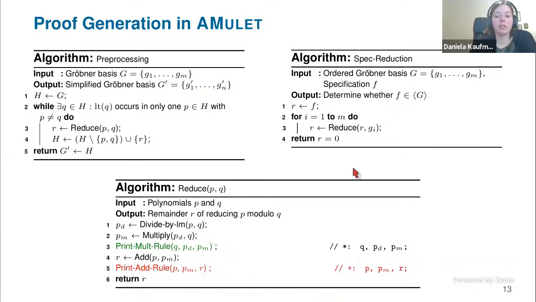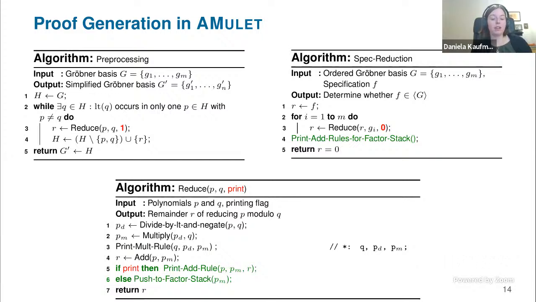But in the specification reduction, the first polynomial is not contained in the ideal. So that's where we run into trouble in the addition rule, because if you would print it down like that, the proof checking algorithm would say, hey, this polynomial p, which is the specification, is not known to me. That's an error. So instead, we kind of have printing flags. If we're in the pre-processing step, then we print this addition rule.